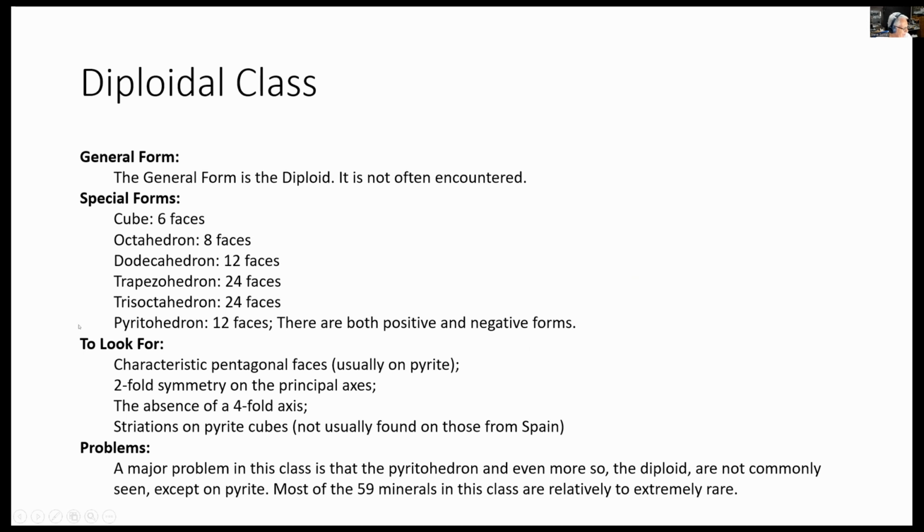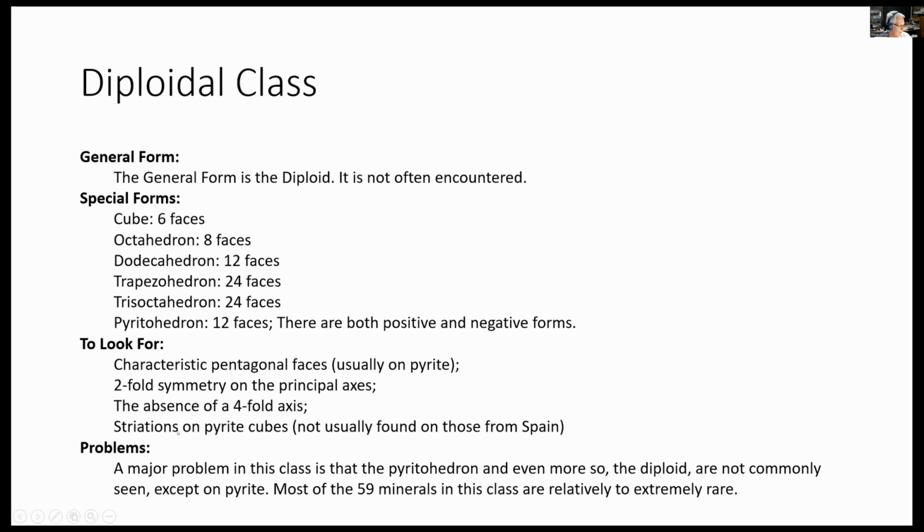Anyway, again, you've got a number of different forms that sit in this class. You've got characteristic pentagonal faces for the pyritohedron in particular. This is interesting, the absence of a fourfold axis. So there must be something that's different on that.